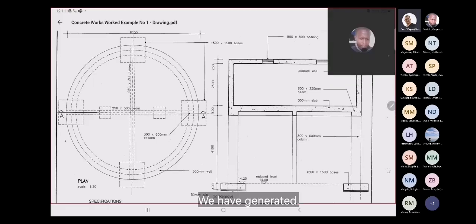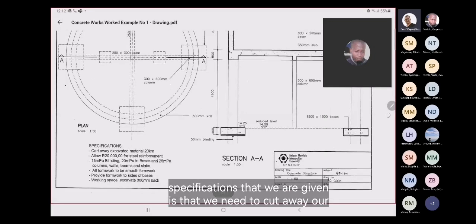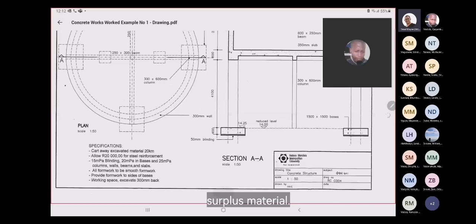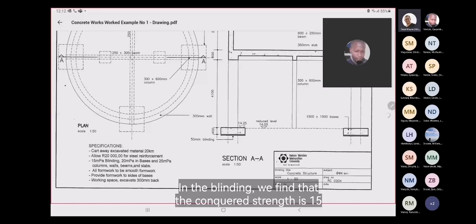Our specifications are that we need to cart away our surplus material to a distance of 20 kilometers. We need to allow 20,000 for the steel reinforcement. In the blinding, the concrete strength is 15 MPa.